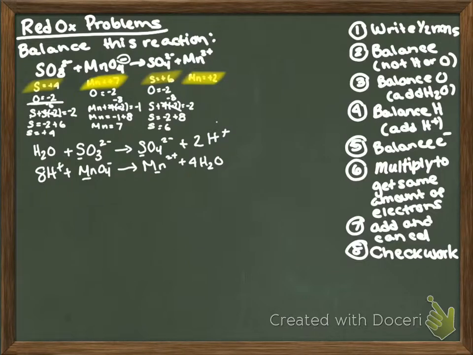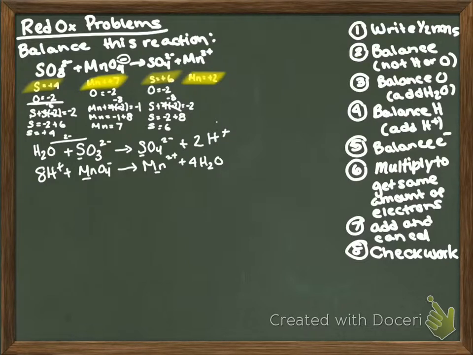Whenever we go to balance the electrons, what we're going to have to do is figure out the entire charge on each side of the reaction. For our first half reaction, we see water and we see SO3 2-. Only one of those has a charge, and so that's the only one we're going to really care about. So this entire side right here has a 2- charge just from that one that has the charge on it.